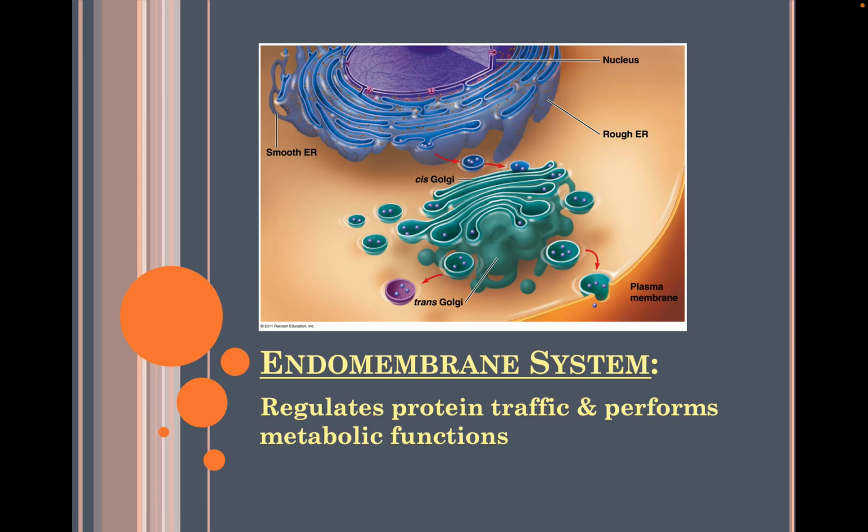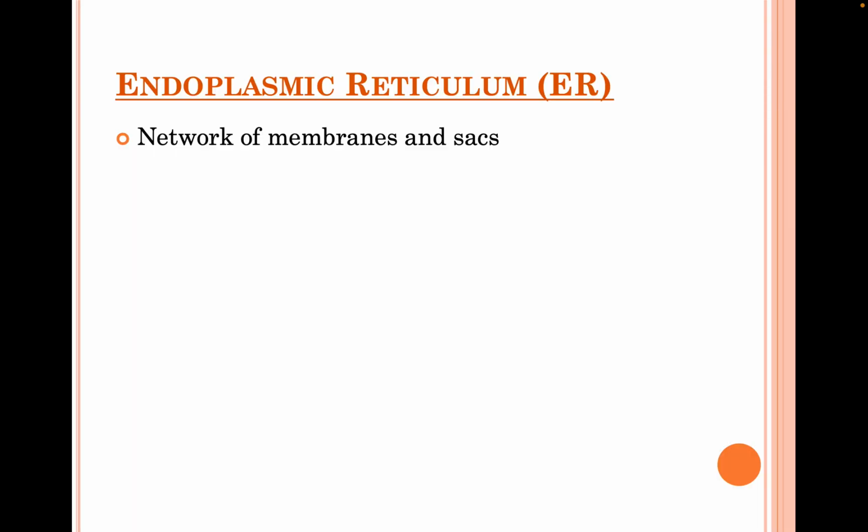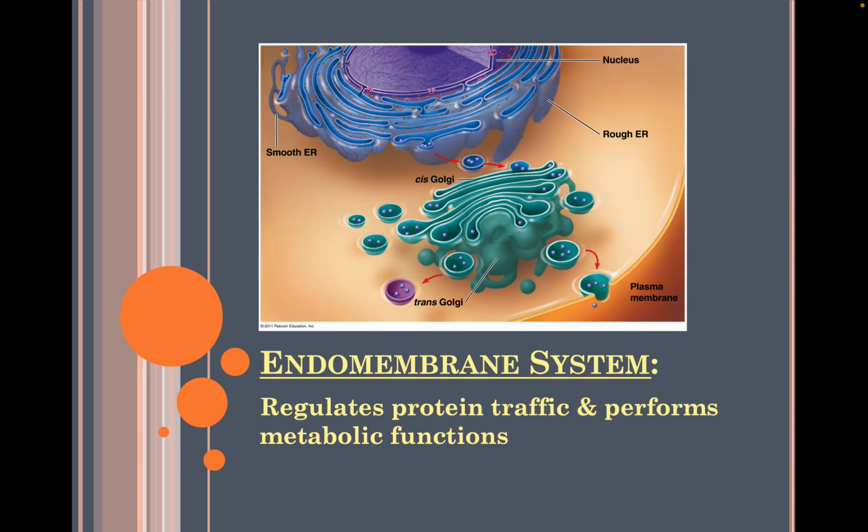The endomembrane system is a structure that regulates protein traffic and performs metabolic functions. The endomembrane system consists of the nucleus up here, which is surrounded by a double membrane. It flows into the rough endoplasmic reticulum, and we call it rough because it's studded with ribosomes and looks bumpy on a microscope.